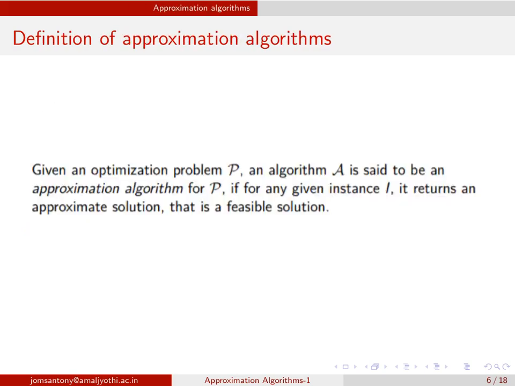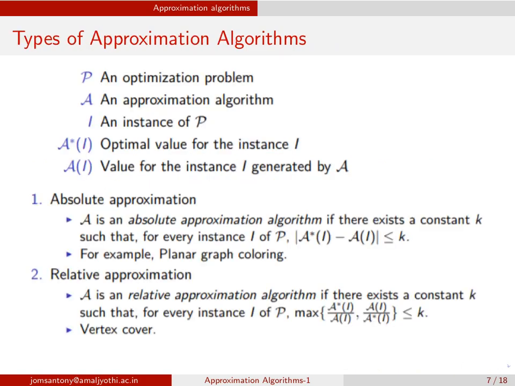Now let us look at the definition of an approximation algorithm. If you are given an optimization problem P, an algorithm A is said to be an approximation algorithm for P if for any given instance I, it returns an approximate solution that is a feasible solution. Now there are two types of approximation algorithm.